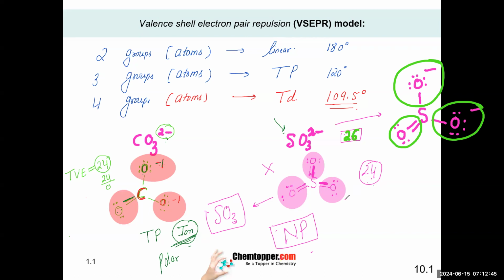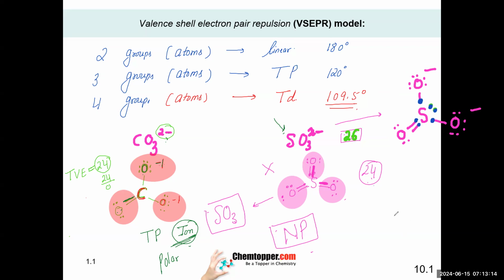So I need one lone pair. Can I put it on the sulfur? Yes, I can. Sulfur can take lone pairs because sulfur has used only 4 of its valence electrons: one here, one here, two here. Out of 6, it has used only 4, so it can hold this lone pair. Now the formal charge on the sulfur is 0.